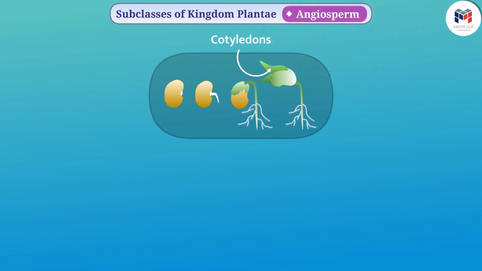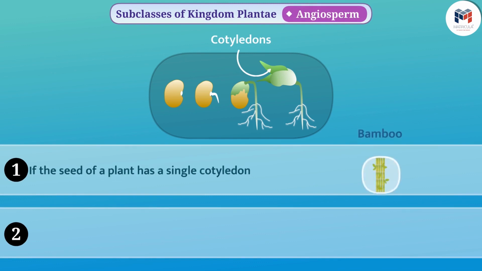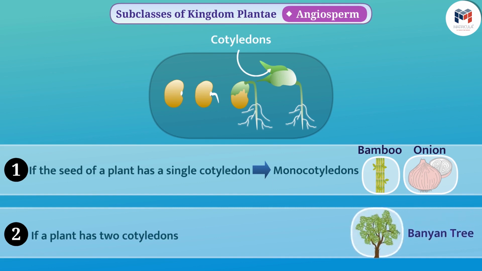angiosperms can be classified into two parts. If the seed of a plant has a single cotyledon, such as bamboo, onion, etc., then such plants are called monocotyledons. But if a plant has two cotyledons, such as a banyan tree, then such plants are called dicotyledons.